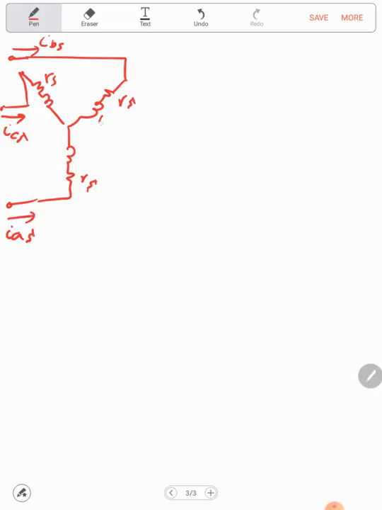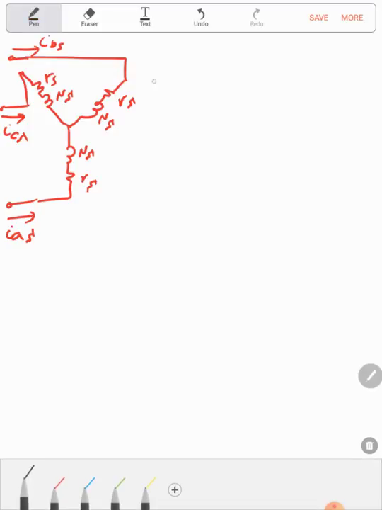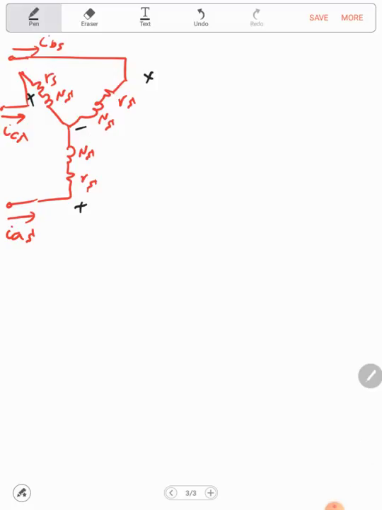This will be the NS, the equivalent turns of the stator winding. So this will be plus minus, plus minus, plus minus. So this will be the VAS, this will be the VBS, and this will be the VCS. Now this is the stator circuit.